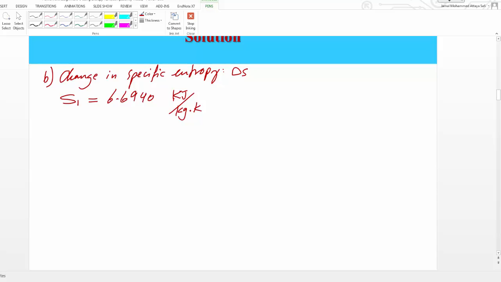And where did we find this number? Of course, remember, P1 is 1 megapascal, and T1 is 200 centigrade, and we said that is superheated. We already used it to read H1, so you know where to go.